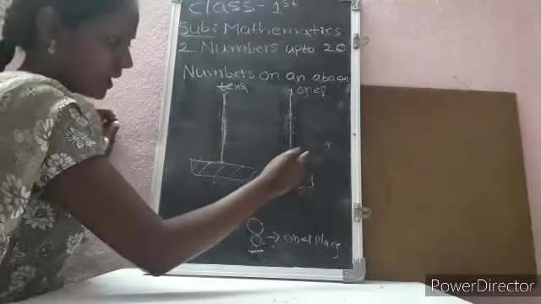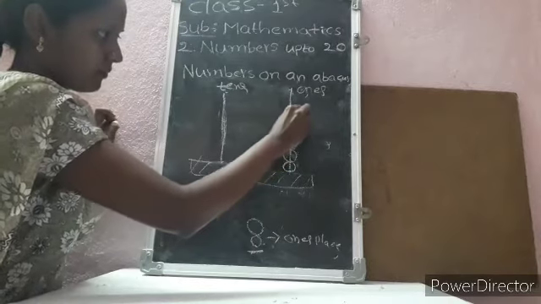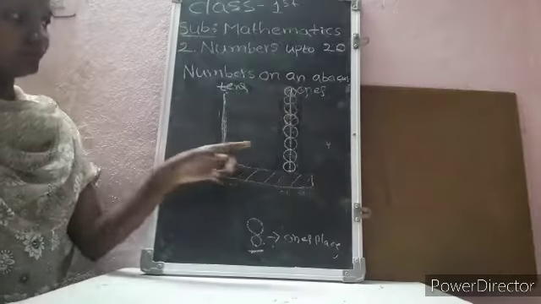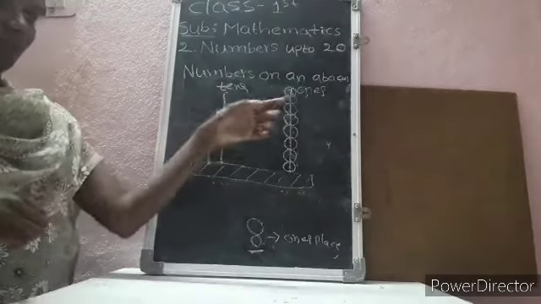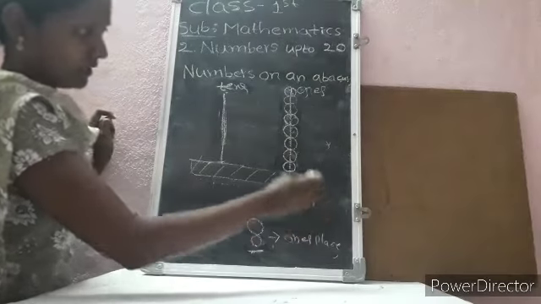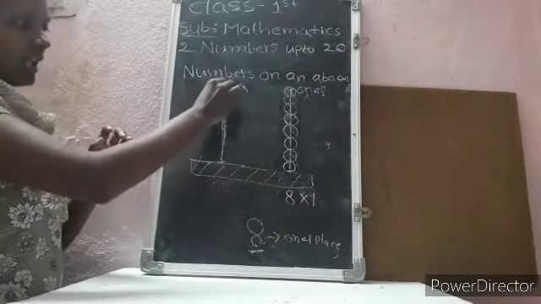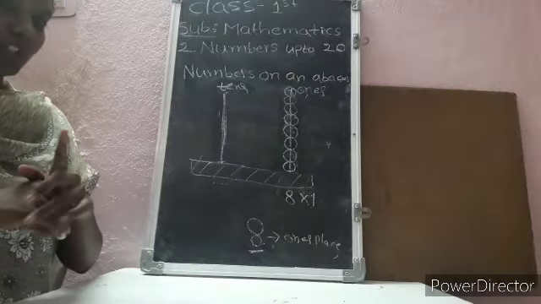Let's see. 1, 2, 3, 4, 5, 6, 7, 8. So 8 beads on the ones spike. So let's count. 8 beads. 8 ones are 8. This empty spike stands for 0.